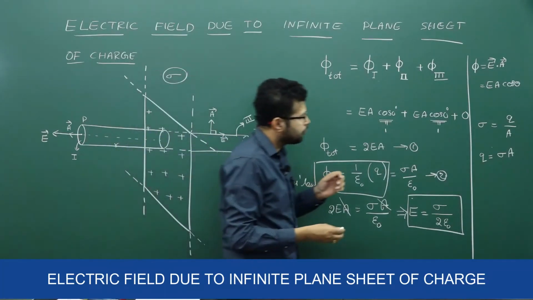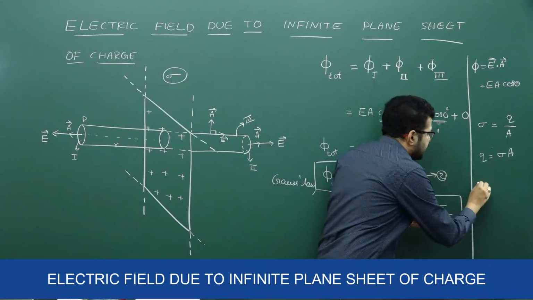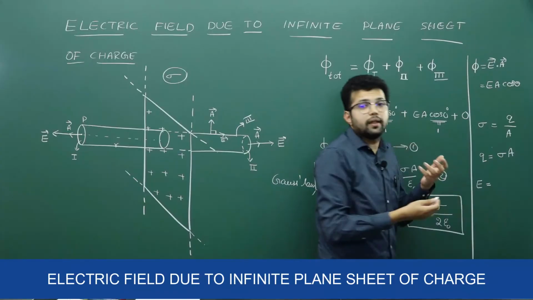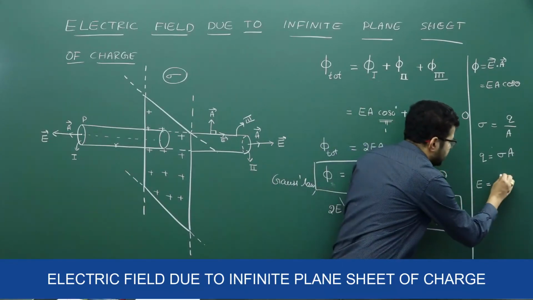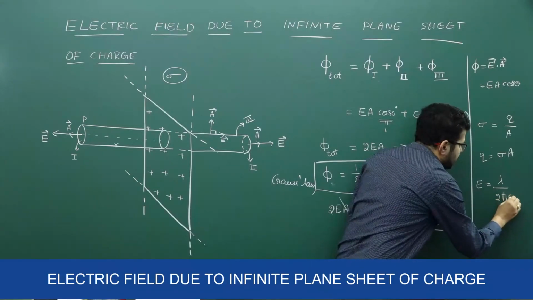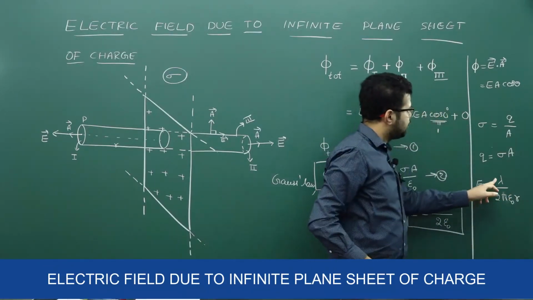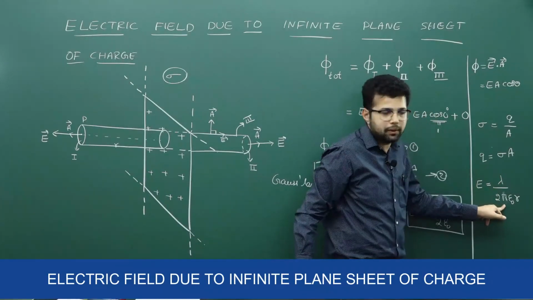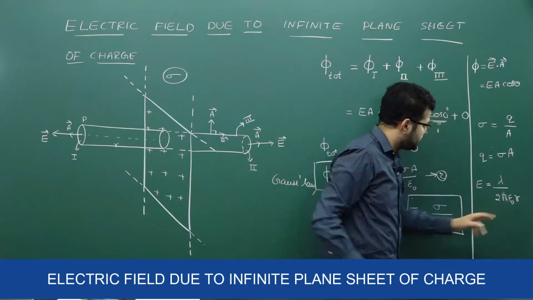For example, in the previous derivation, for the electric field due to an infinite straight wire carrying some charge, the expression was lambda divided by 2 pi epsilon naught into r. Lambda is the linear charge density, 2 and pi are numbers, and epsilon naught is again constant.